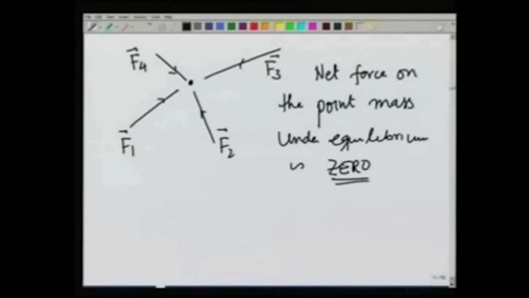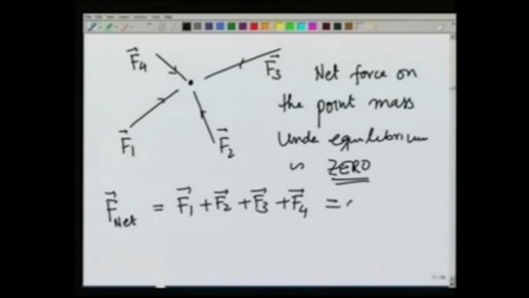and that means in this particular case that F1 plus F2 plus F3 plus F4, the vector sum of all these forces gives me the net force, and that must be 0. In general, if there are more than 4 forces, there may be n forces.